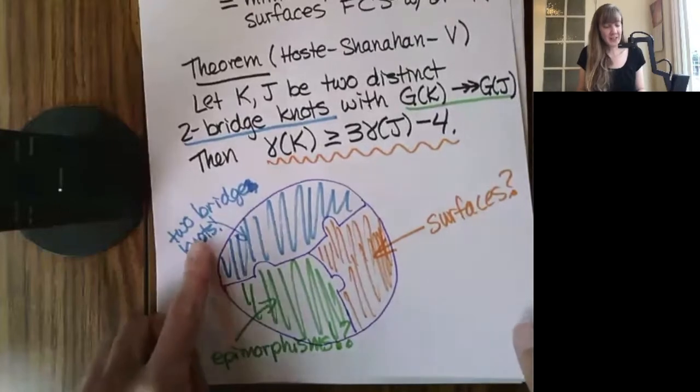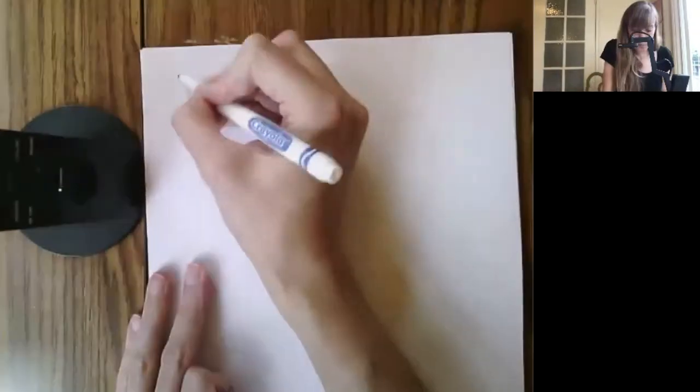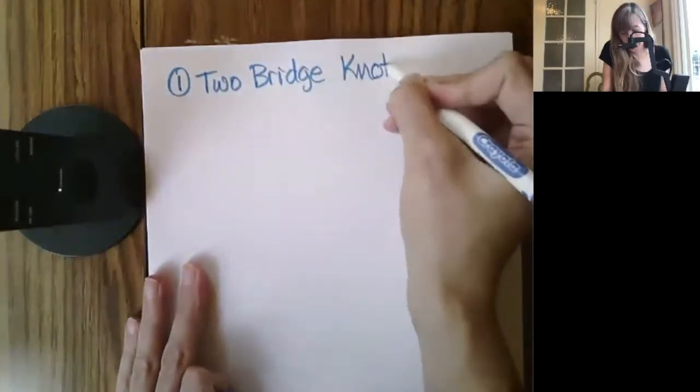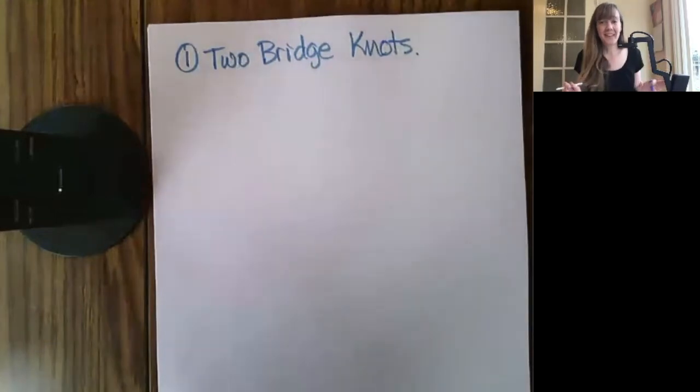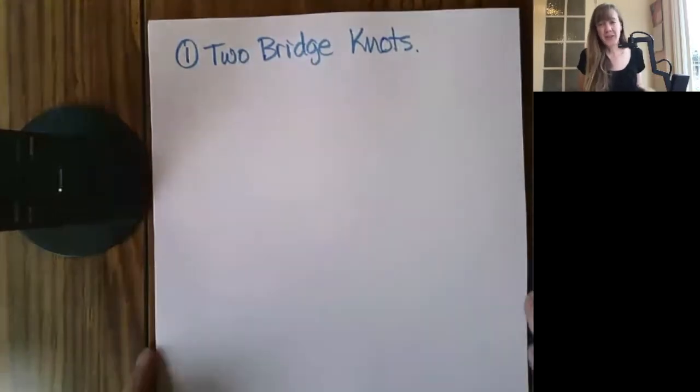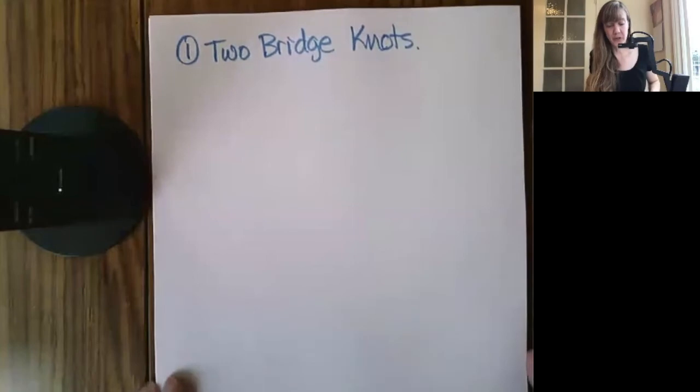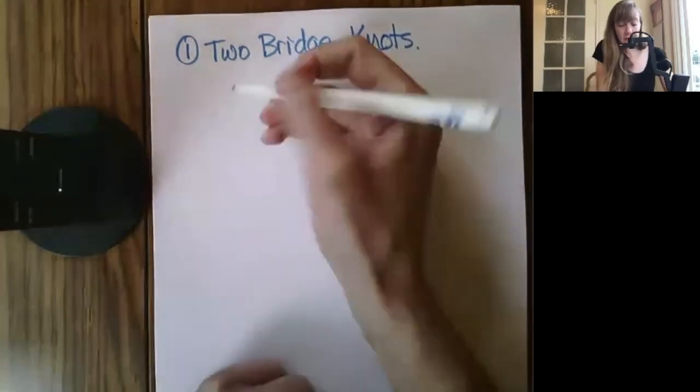All right, so we're going to start it off by understanding two-bridge knots. Any two-bridge knot can be expressed in a certain template. So let me draw that template for you. Actually, there are two templates for how a two-bridge knot diagram can look.